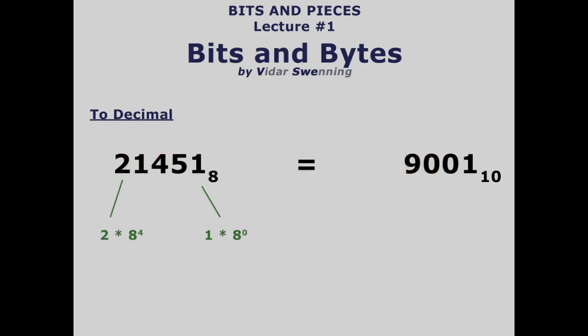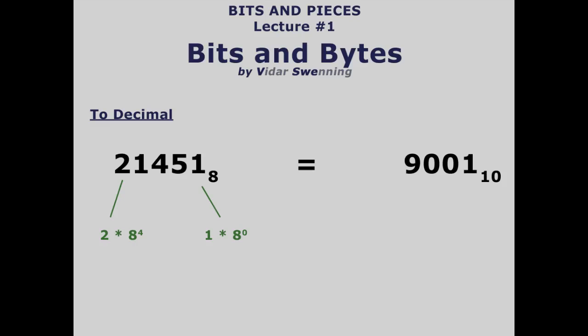So well, we did that before the hexadecimal part, but here we convert from octal to decimal, and to do so we just sum up what all the different digits are worth. As we can see, that 2 there is worth 2 times 8 to the power of 4. The reason is because we have 8 as the base and 4 as the position, because as we can see there to the right, we have 8 to the power of 0.